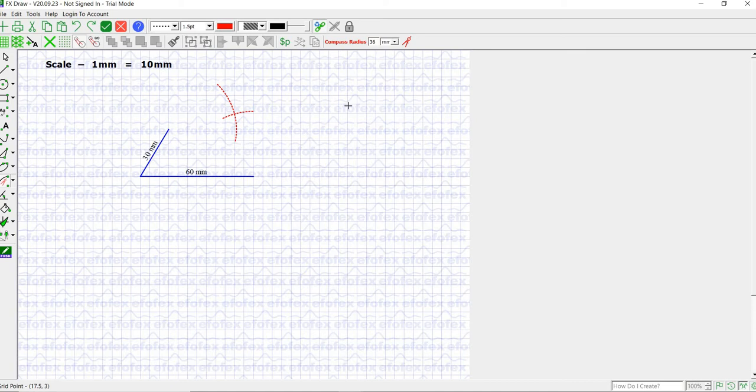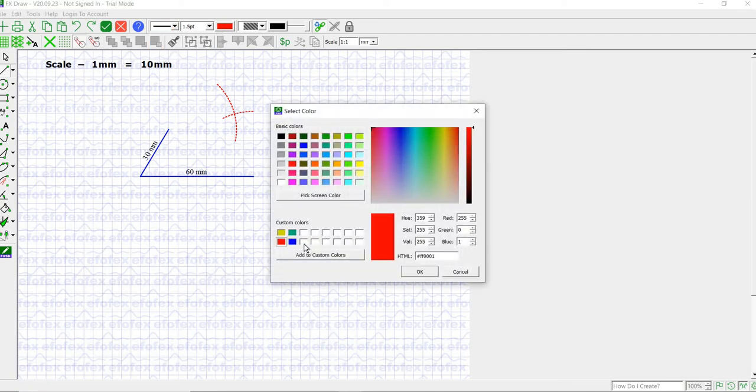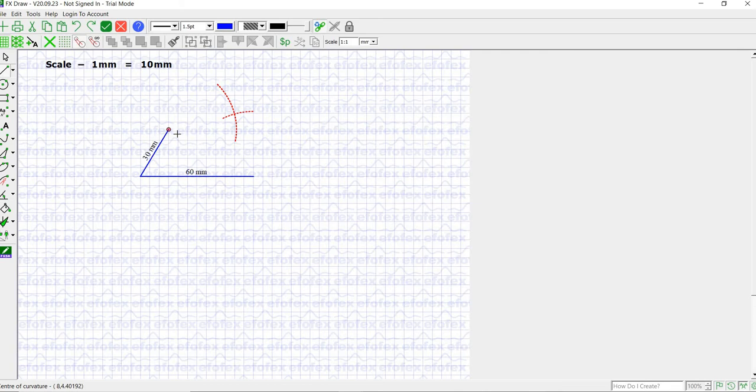The meeting point is my C, where I will draw the next line. That is the point of intersection. So now I finish my mechanism.